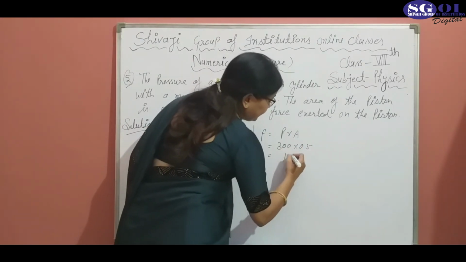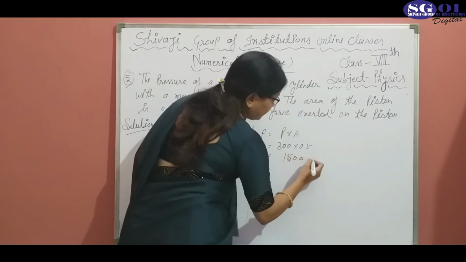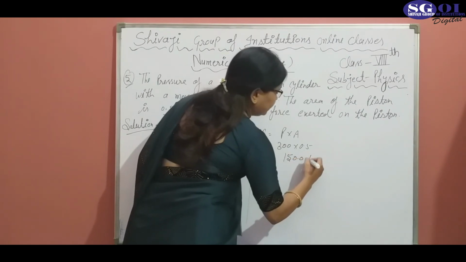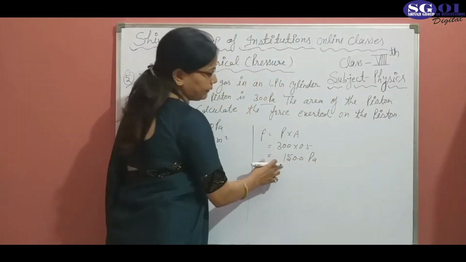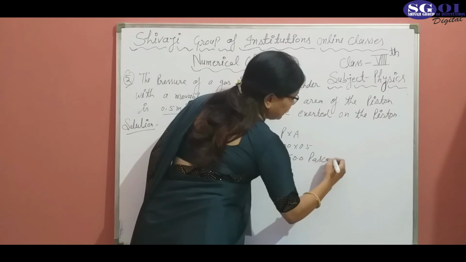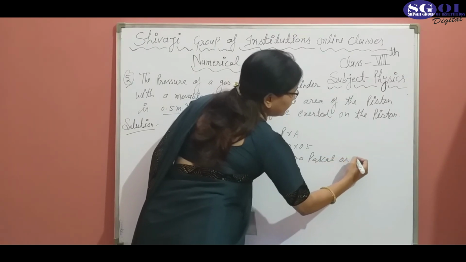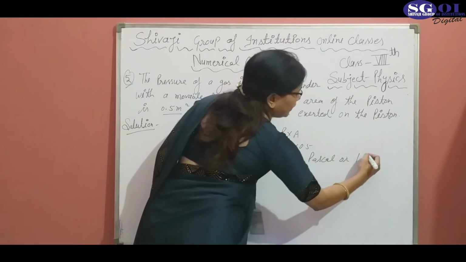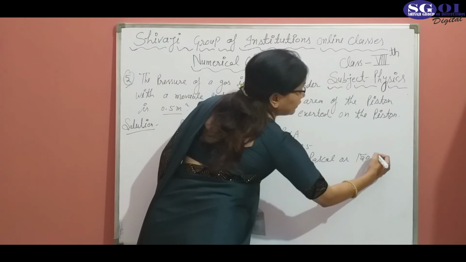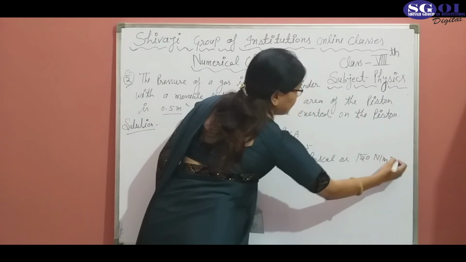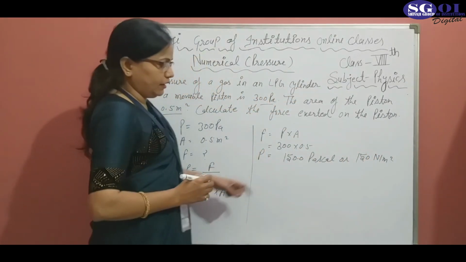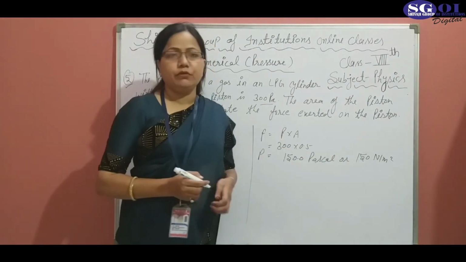After multiplying we get 150 Pascal or 150 Newton per meter square. So pressure will be 150 Newton per meter square.